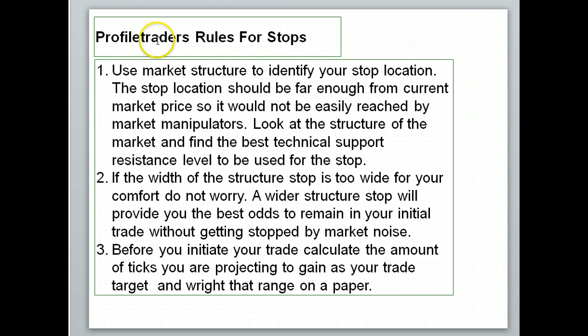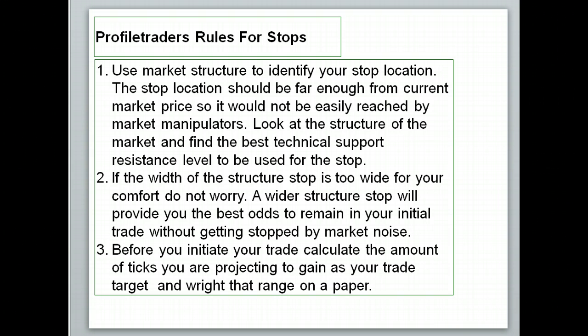This is our rule for stops. Number one, use market structure to identify your stop location. Structure means purely and simply the chart, not your comfort dollar amount, not a random amount of points, none of that.